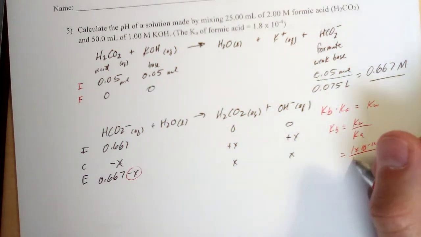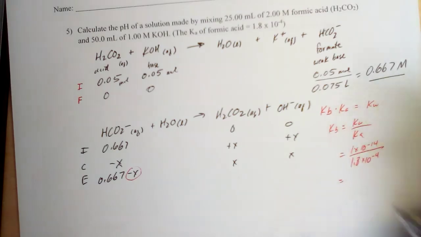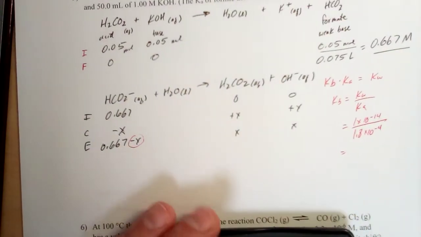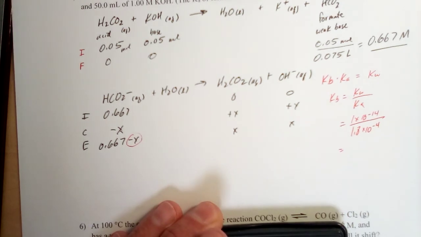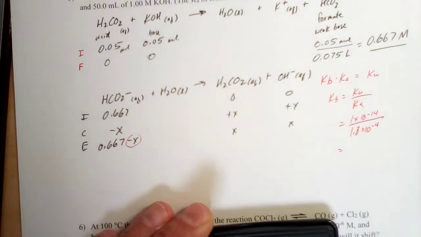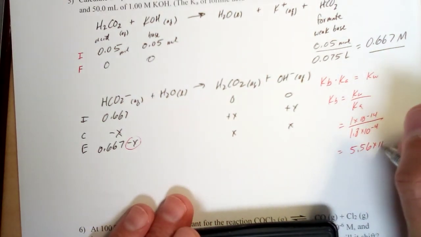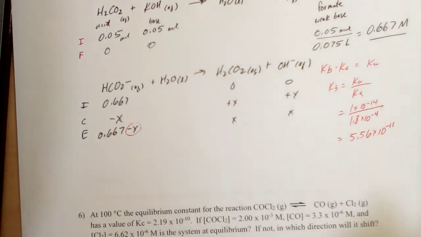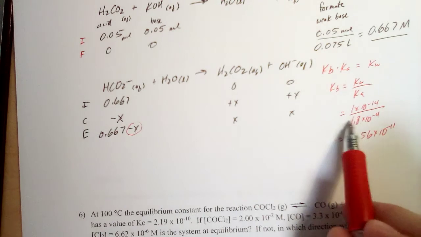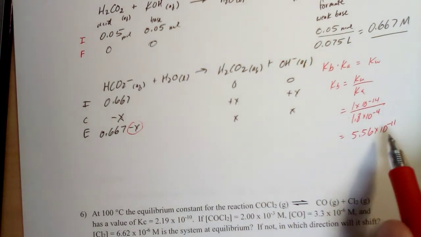We're given Ka for the weak acid, the formic acid in this case. And if we do that math, that will give us the value of Kb. Kb is 5.56 times 10 to the minus 11th. Right, now I kept one extra digit there. We're really limited to 2 by the original Ka, but let's minimize how much we round.